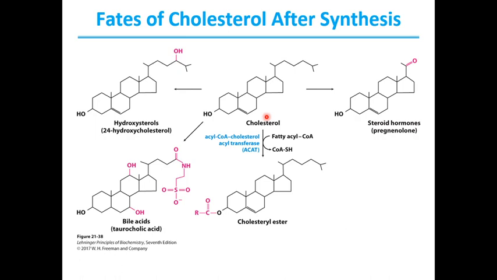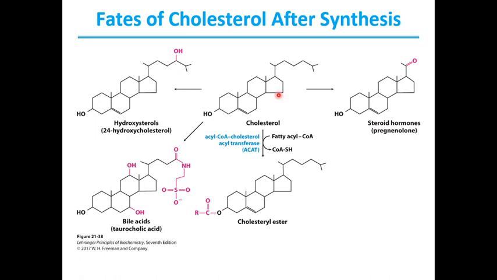Cholesterol is also converted to cholesterol esters in the liver through the action of acyl-CoA cholesterol acyltransferase, or ACAT. This enzyme transfers a fatty acid group from fatty acyl-CoA to the hydroxyl group of cholesterol.